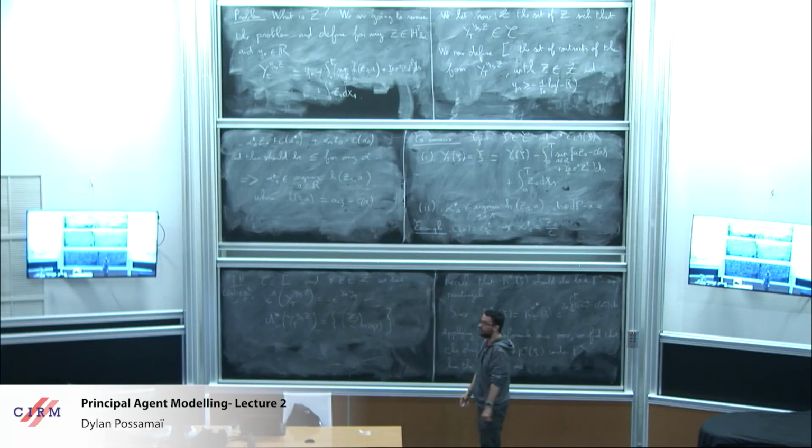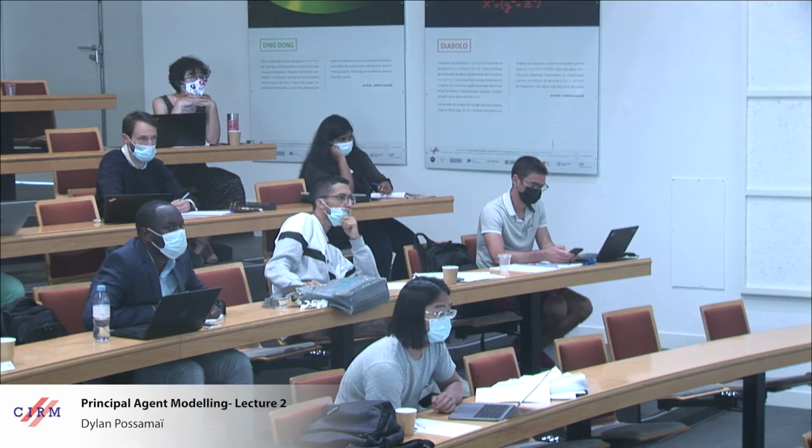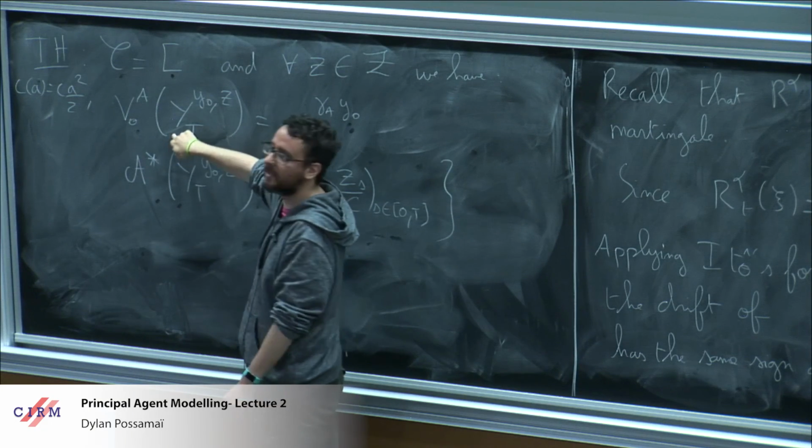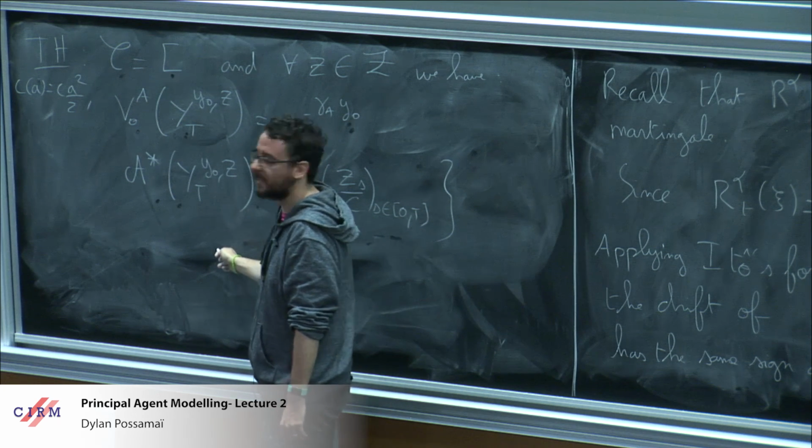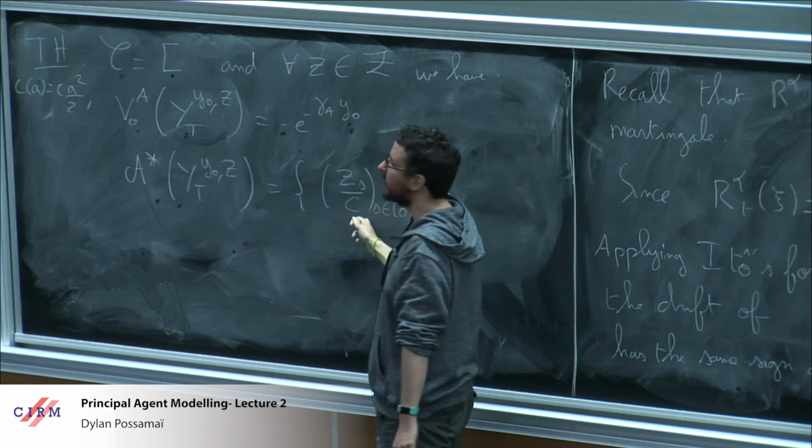Okay? So what we showed is that doing this actually covers all the possible contracts I want already, which is one thing that's good, but more than that, for that specific class of contracts, I know exactly how to solve the problem of the agent in the sense that I know what A star is.